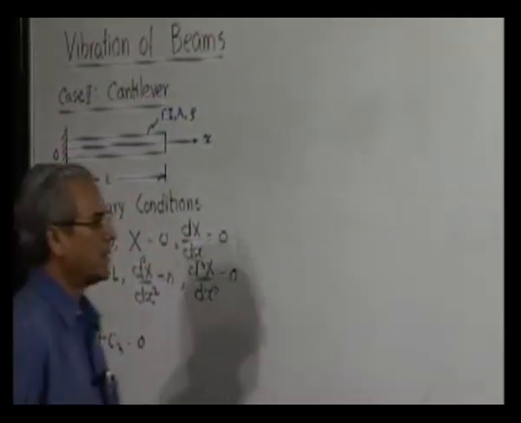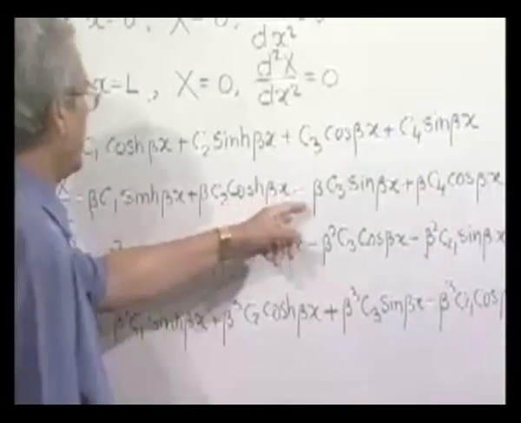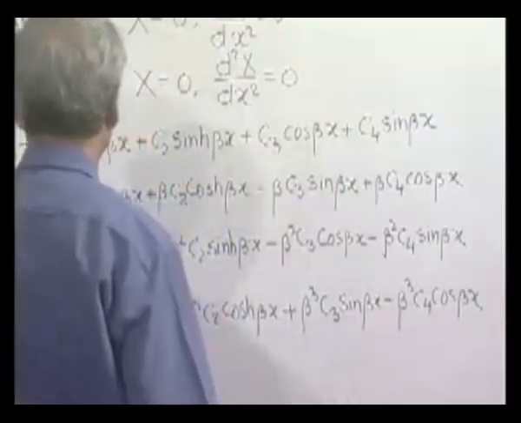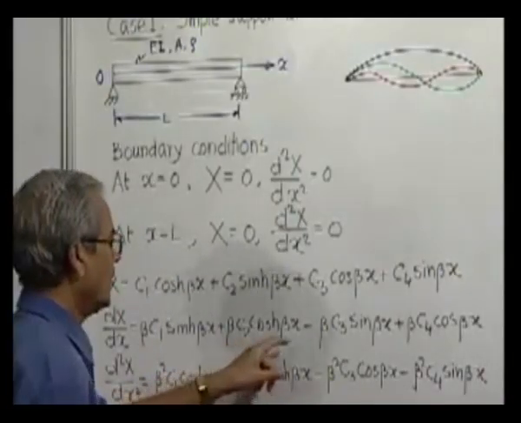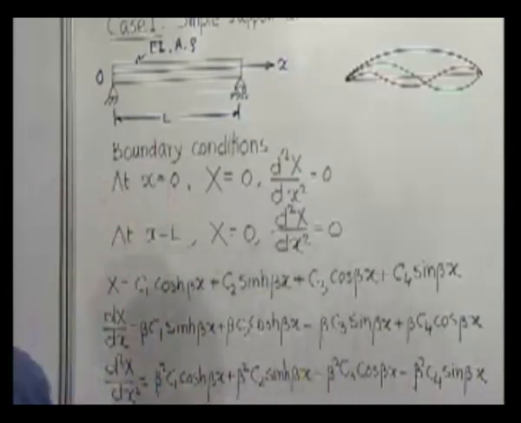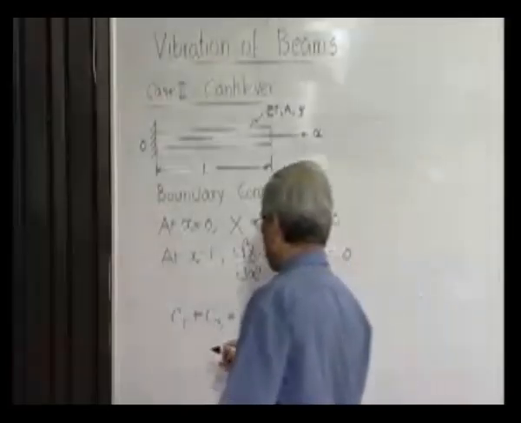Next we go to the second condition, that is here. So now this term and this term go. So it is beta C2 plus beta C4. So C2 plus C4 equal to 0.